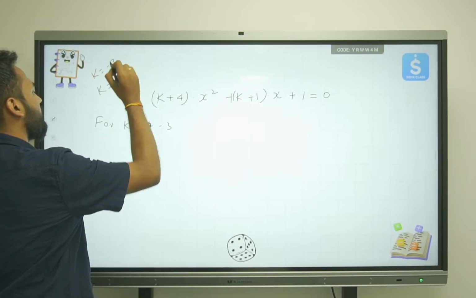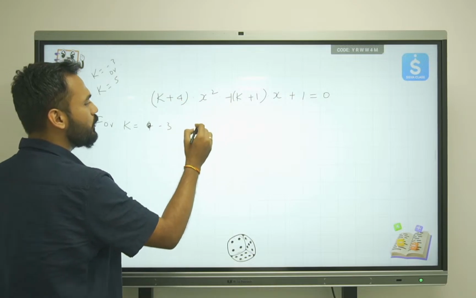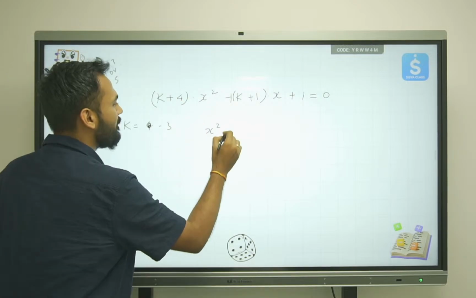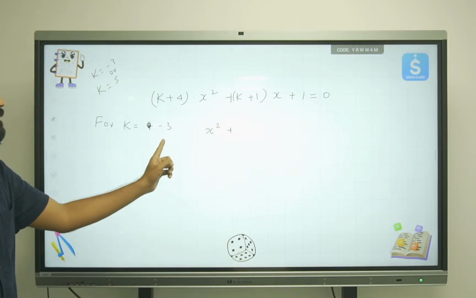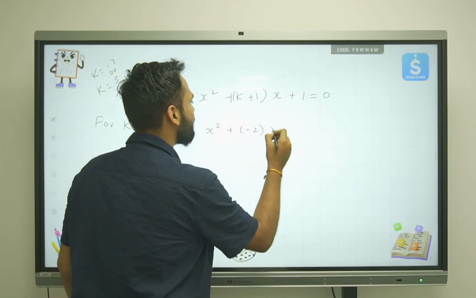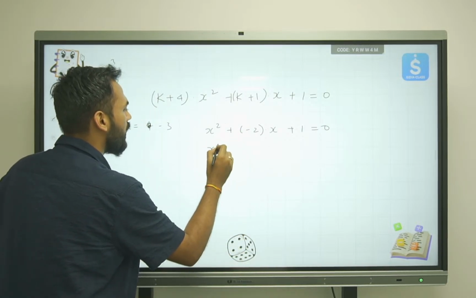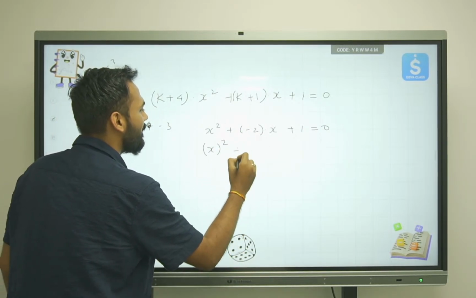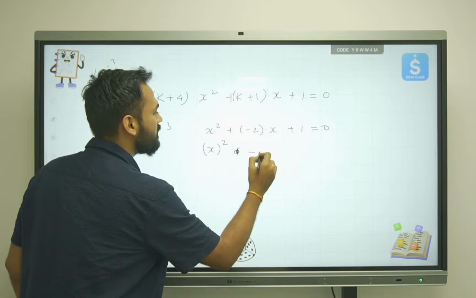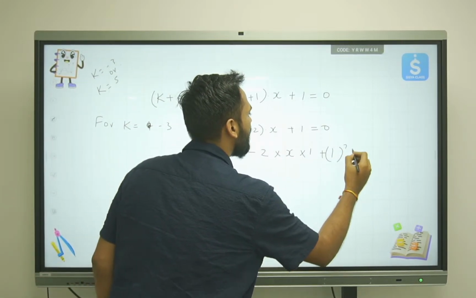So for k equals to minus 3, this will become (minus 3 plus 4) 1 into x square, which is x square, plus (k plus 1) minus 3 plus 1, minus 2x plus 1 equals to 0. When we solve this, if you analyze, x square minus 2 into x into 1 plus 1 the whole square is equals to 0.